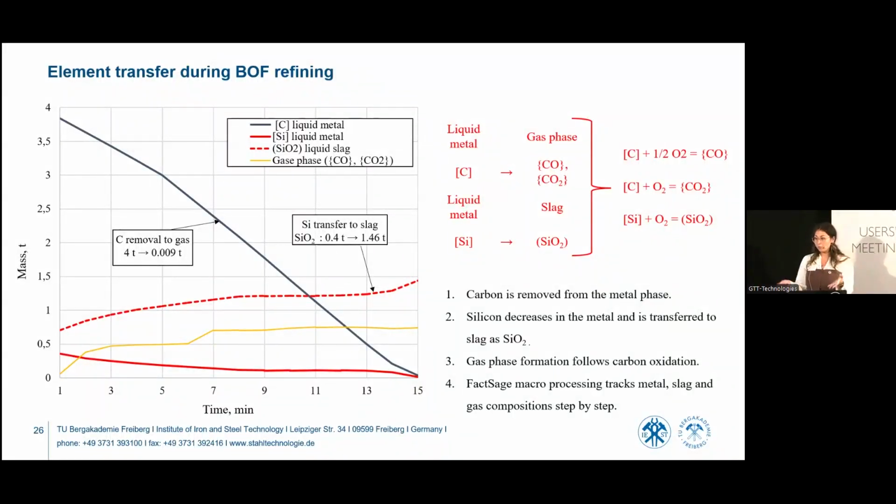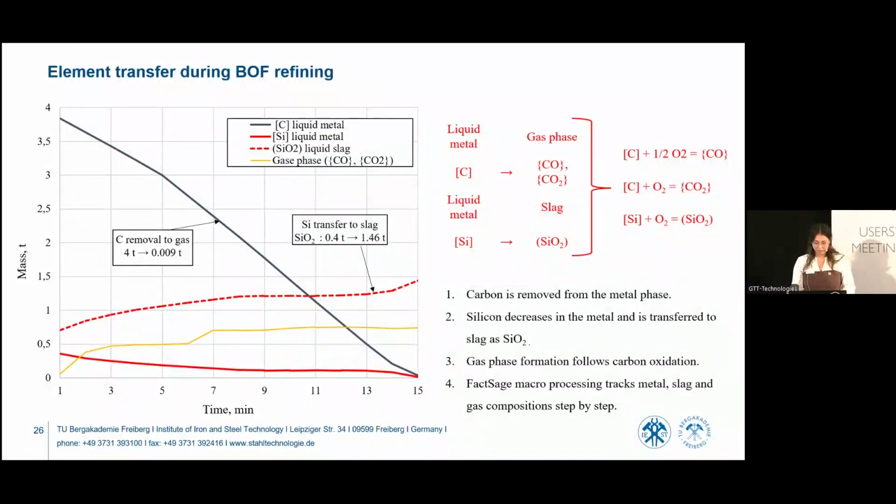The carbon is oxidized and transferred mainly to gas phases as CO or CO2. Silicon in liquid metal decreases, while silicon oxide in slag increases.